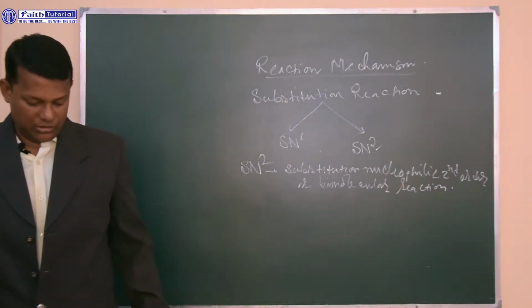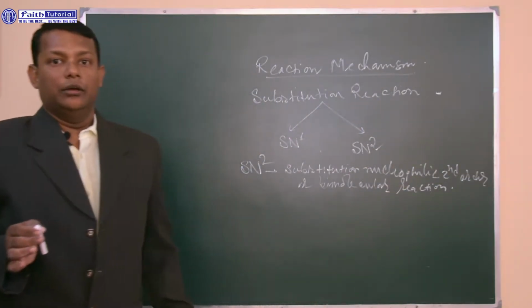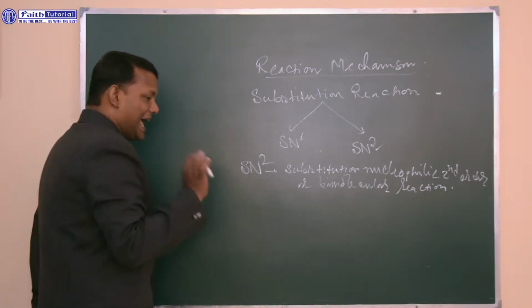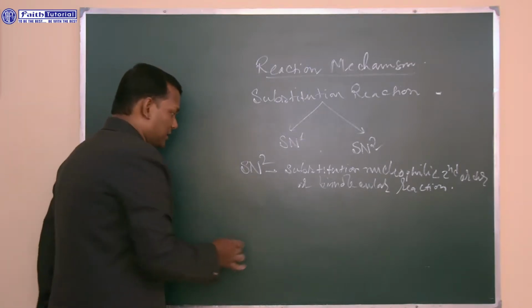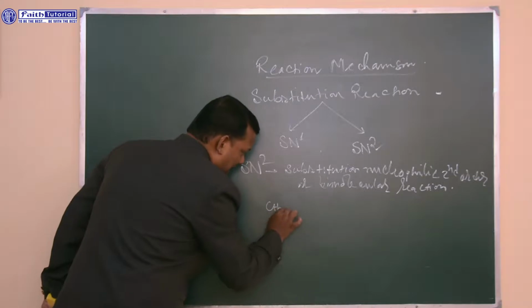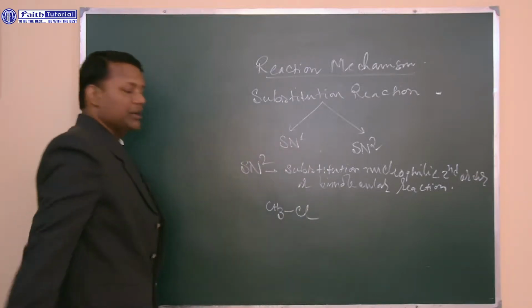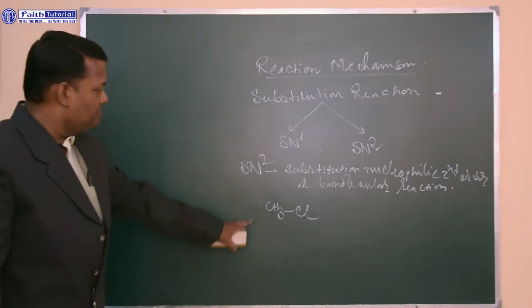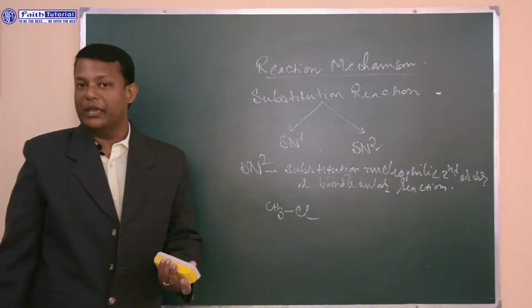In this reaction, generally primary alkyl halide takes part. Primary alkyl halides, for example CH3Cl, methyl chloride, are called primary alkyl halides.